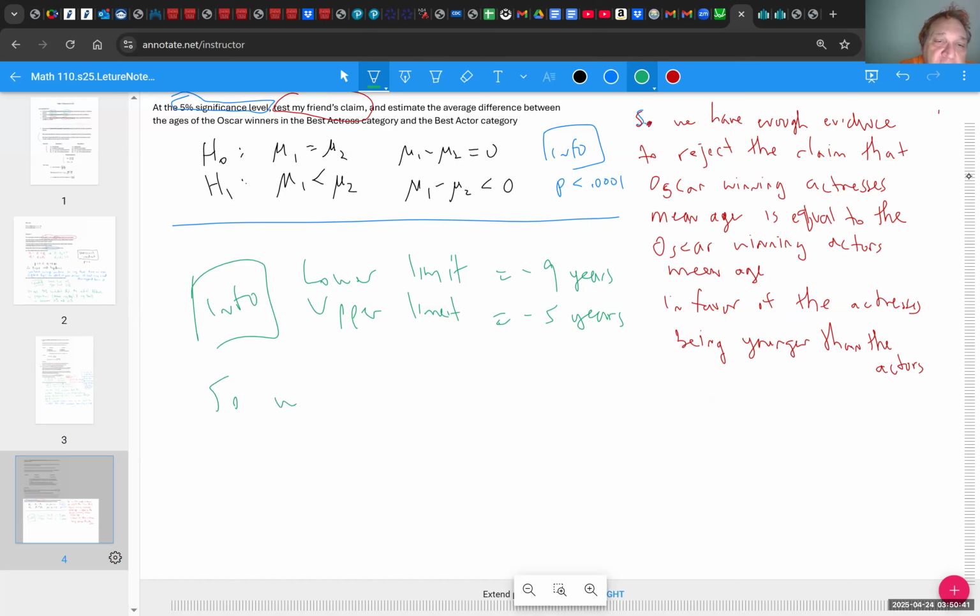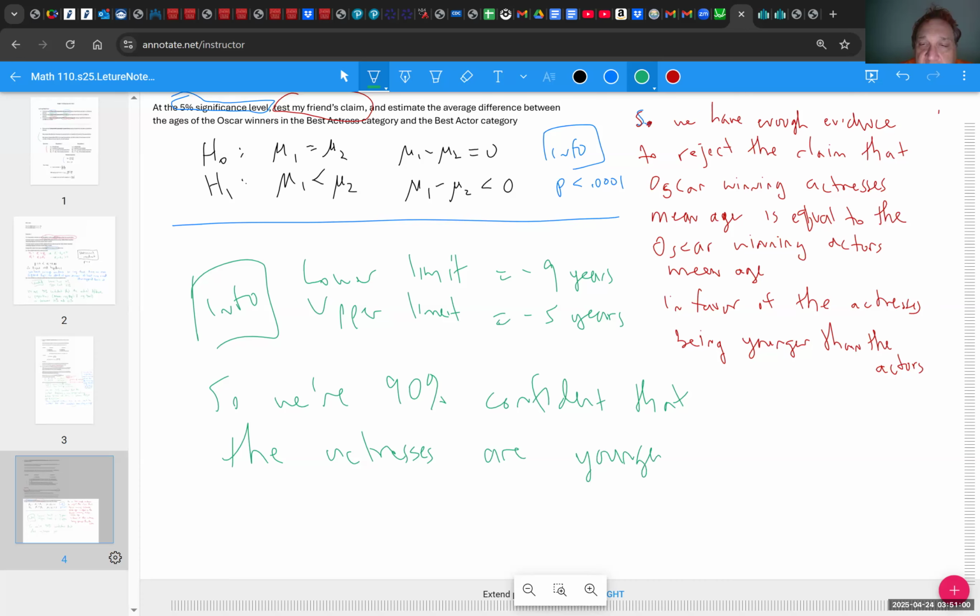So we are 90% confident that the actresses are younger than the actors. I guess the actresses' mean age. I gotta put that in there.